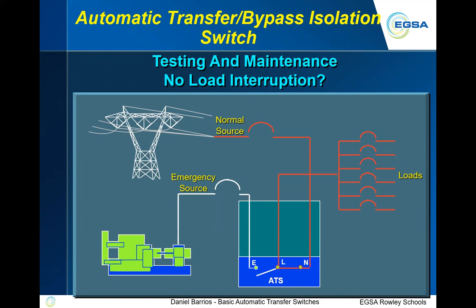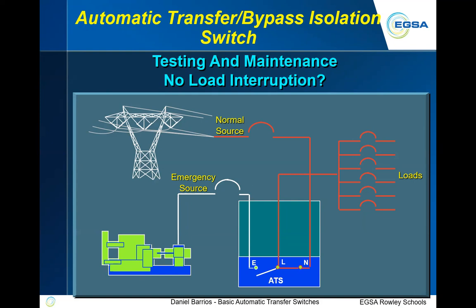And in doing so, I have no downstream load interruption. Then I can rack the transfer switch out and I can start my emergency generator and I can bypass to emergency. But there are steps that you need to go through. That is referred to as a no load break. No load. One of the other manufacturers, I do know Russ Electric had this switch. It will interrupt the load.